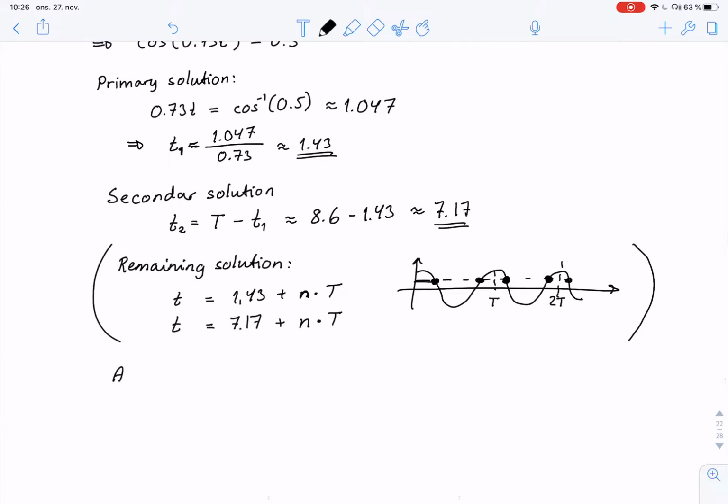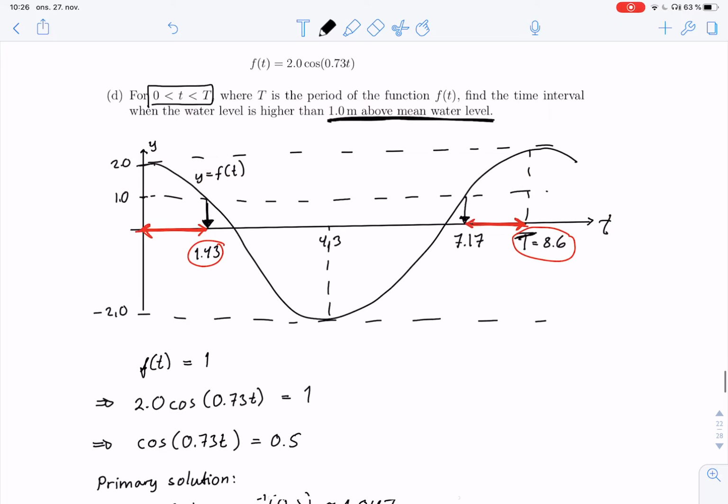So above 1 meter, that would be 0 to our first one, and our second one up to our period. So we have two intervals, namely the two are marked with red in this graph.